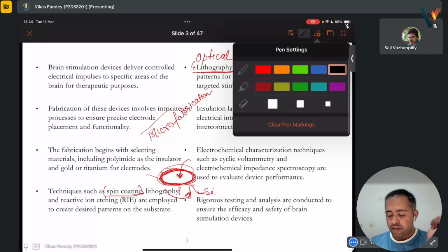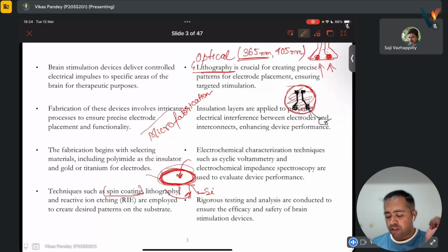Then light is shined over it, so the areas which were not covered by the black chrome get exposed.